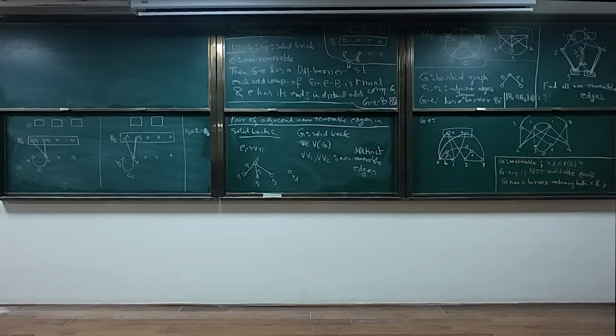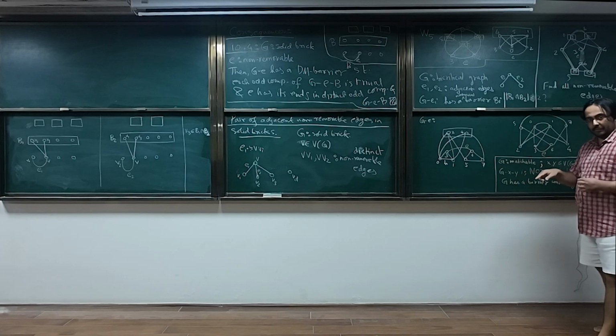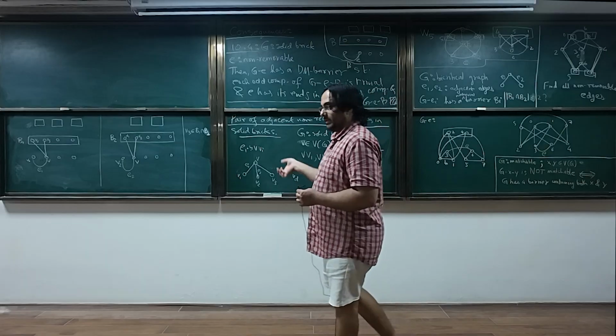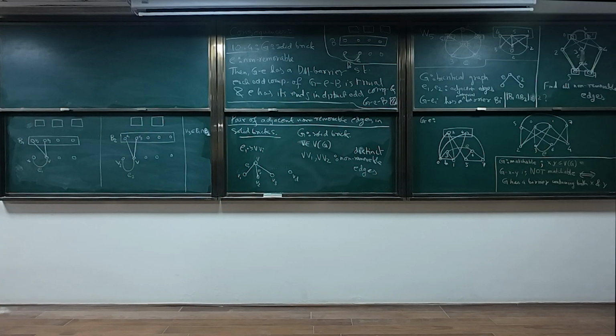So now using this fact, what can you conclude? In G minus E1, there is a barrier containing x and y. In G minus E2, there is a barrier containing x and y. But G minus X minus Y has a perfect matching. So how is this happening?